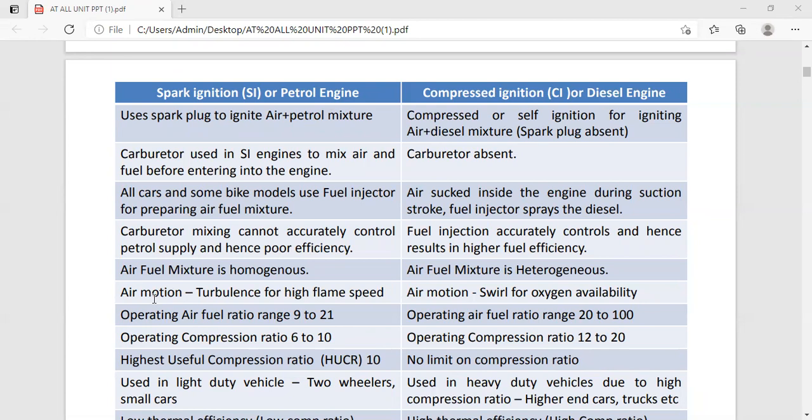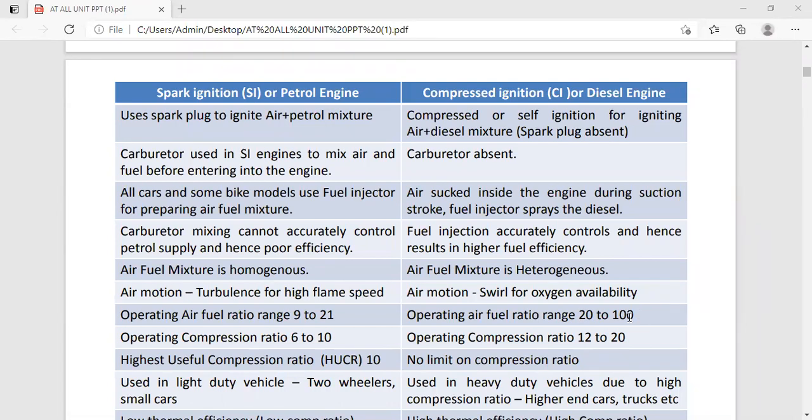Next point: in the SI engine, air motion or turbulence gives high flame speed, and in the CI engine air motion swirl gives oxygen availability. Next, operating air fuel ratios of 9 to 21 are used in the SI engine, but in the CI engine we use 20 to 100.